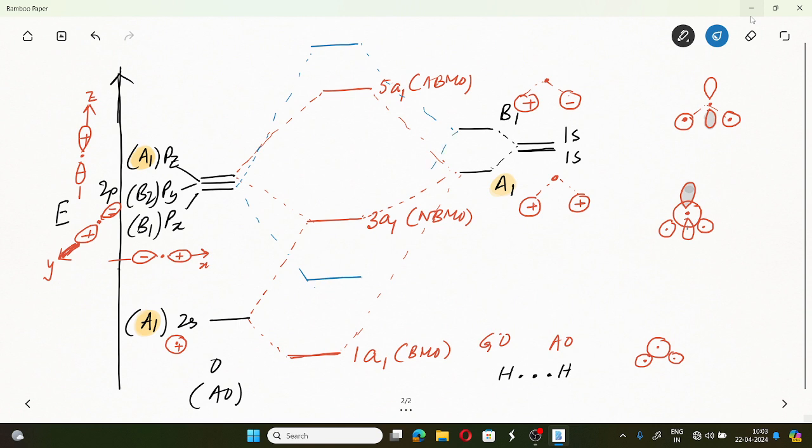These are the two orbitals. They are combining to form a bonding. This one is bonding. Suppose this is 2B1 and this is 6B1. So this is the bonding molecular orbital B1 and this is the anti-bonding molecular orbital.